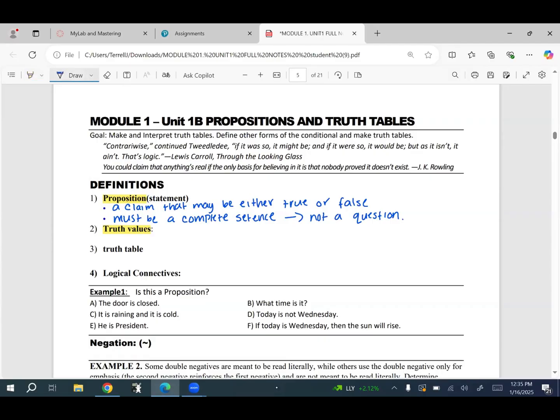So I'm going to write here, any proposition has two possibilities. True or false. And when I say true or false, I'm going to put T for true or F for false.